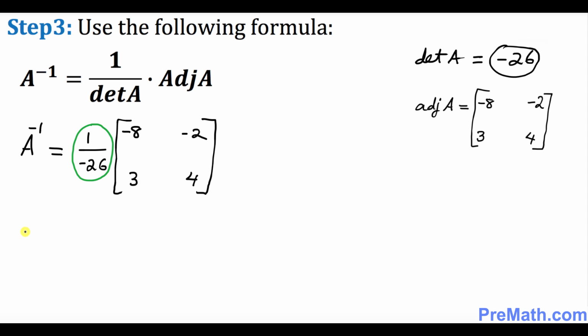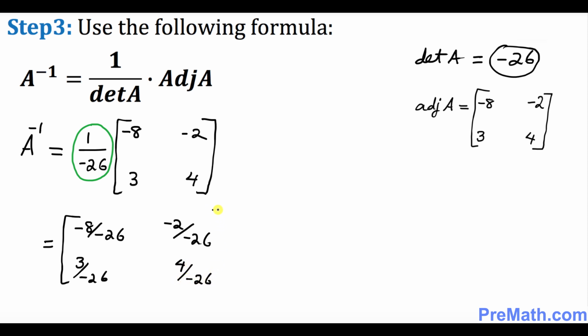A inverse is going to be simply equal to -8 over -26, -2 over -26, 3 over -26, and finally 4 over -26.